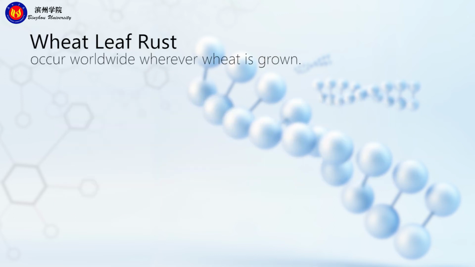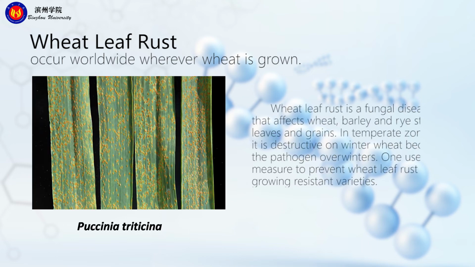One notorious crop disease is wheat leaf rust, which can occur worldwide wherever the wheat is grown. Wheat leaf rust is a fungal disease that affects wheat, barley, and rye stems, leaves, and grains.